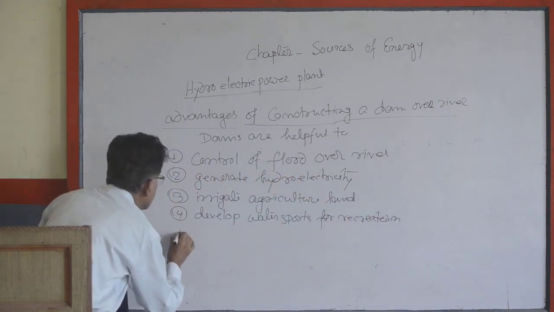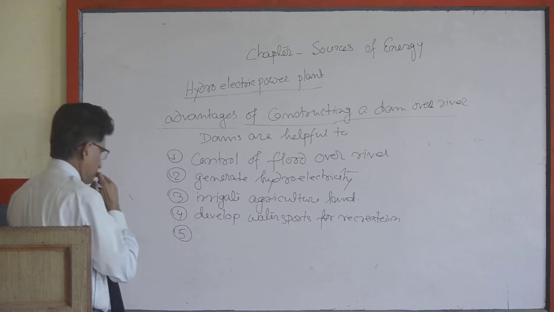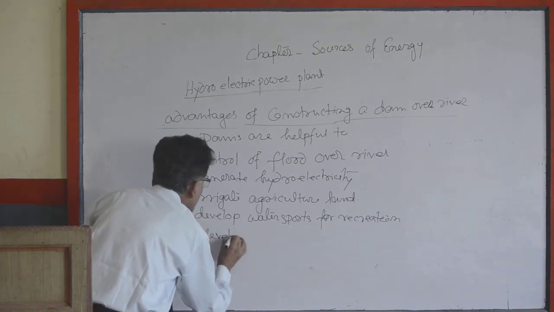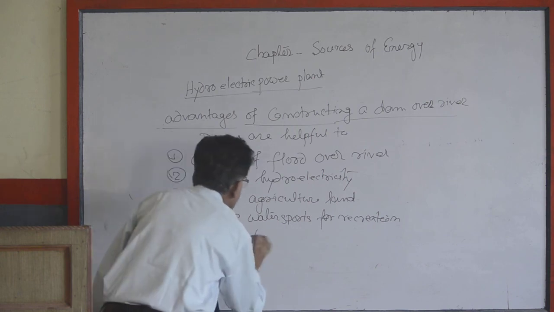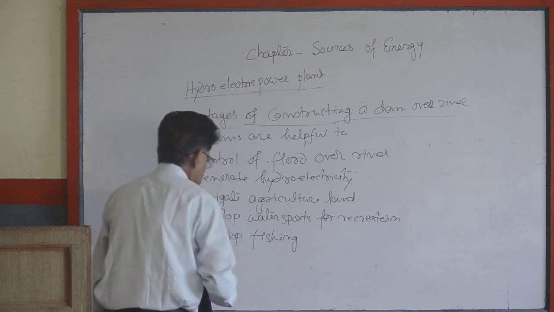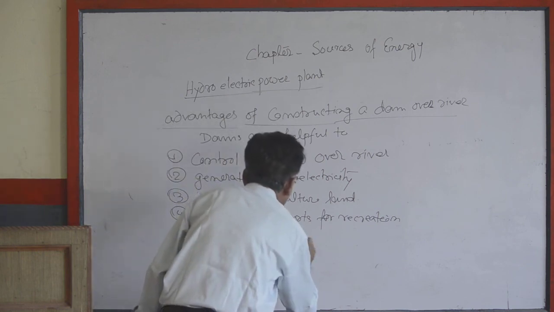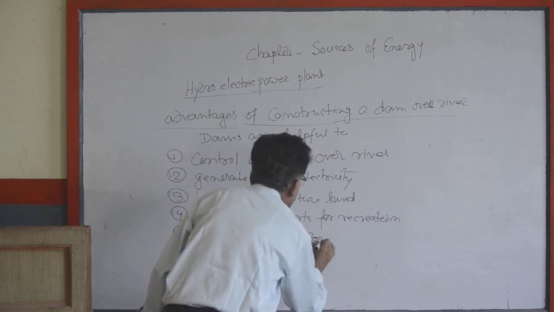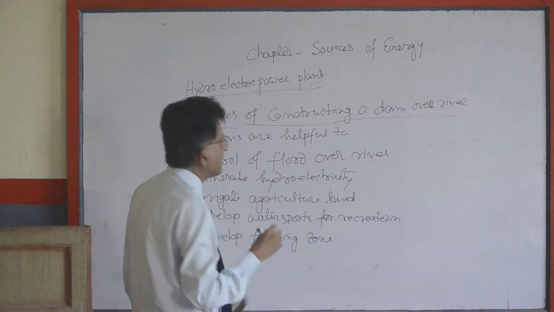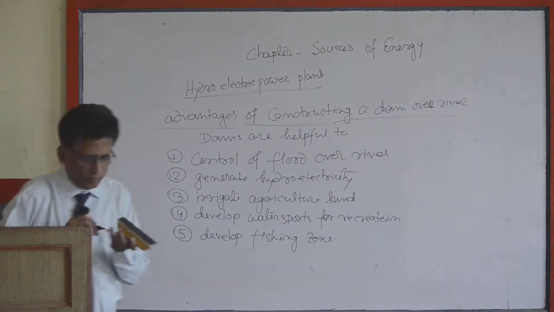Number 5, develop fishing zone. These are the advantages of constructing a dam over a river.